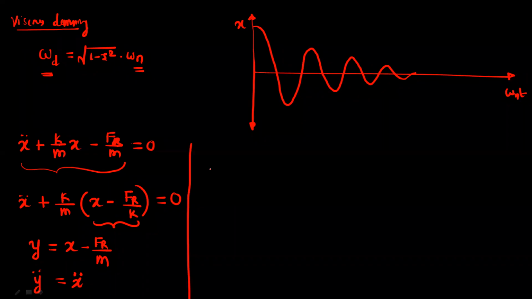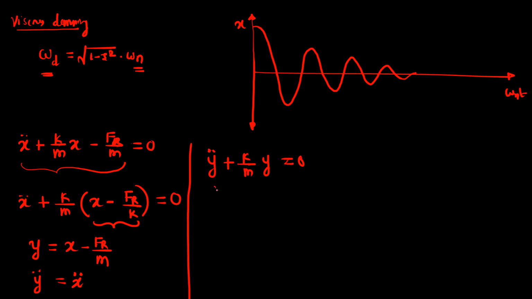So we can put this value in this equation. So replace x double dot by y double dot plus k upon m, and this x minus fr upon k as y, this is equal to 0.